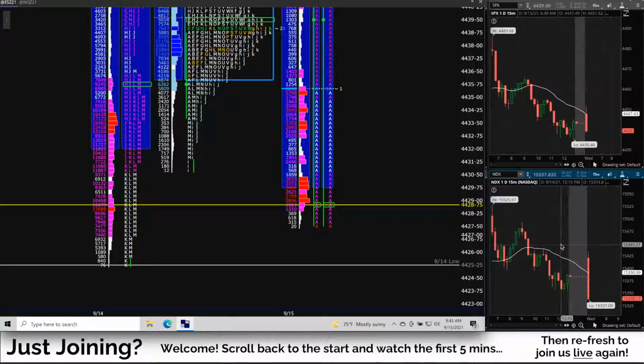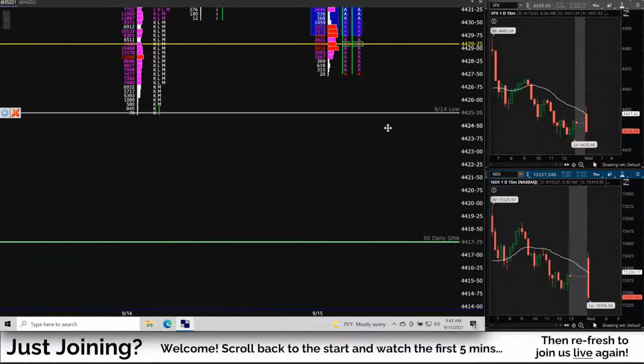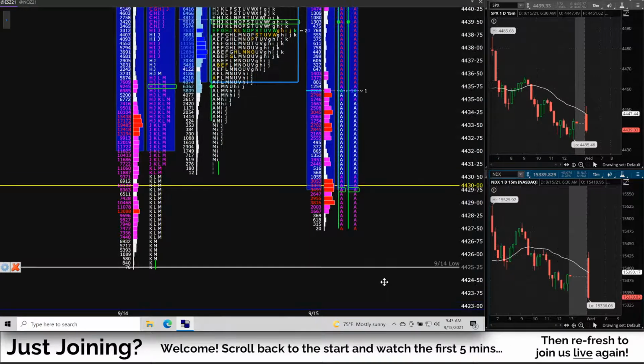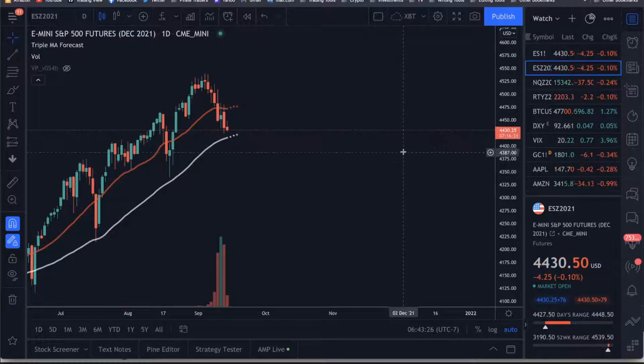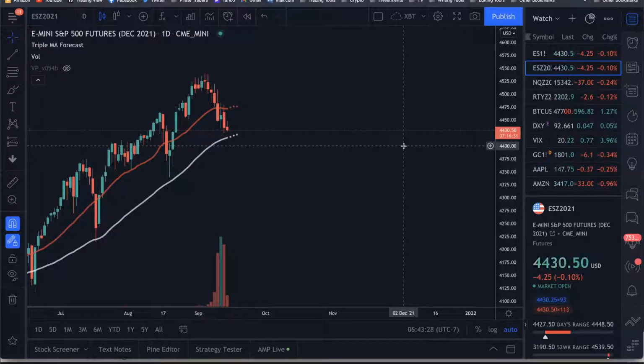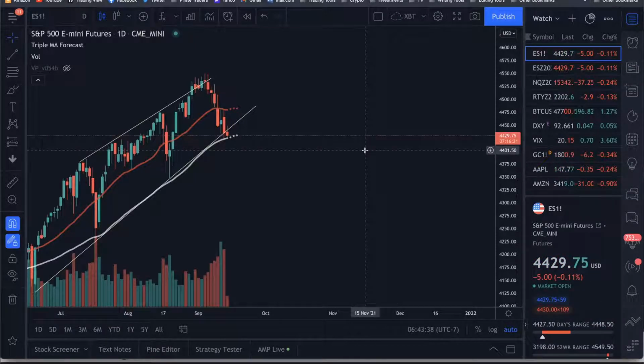Mediterra thinking we should see 4,400. That would be a pretty intense pullback, I think. 4,400. It's a nice round number, but to me, that's where I would start to get really nervous.